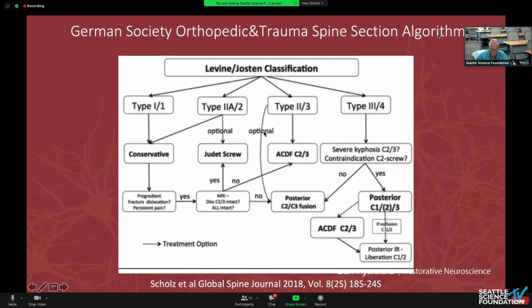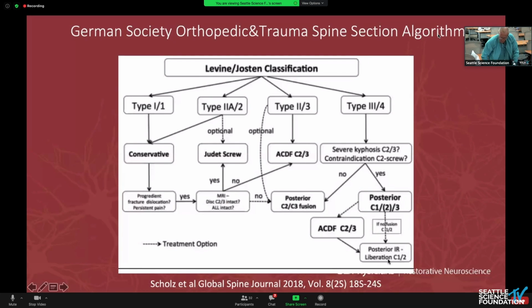This slide shows you the different algorithms in terms of picking the surgical options. Way on the right is the type 3, where you have severe kyphosis. You can do a posterior C1 to 3 or C2 to 3. If you can get reduction, then you can stop there, but often you may need to do a combined anterior posterior.